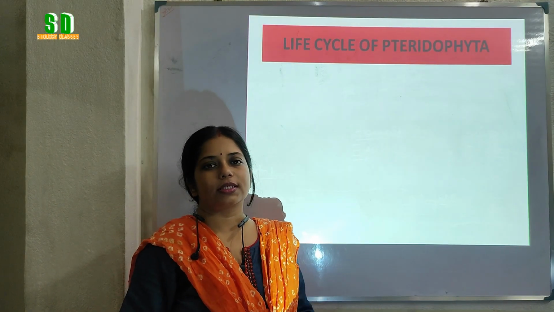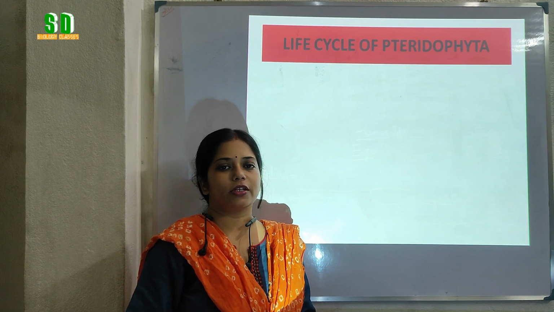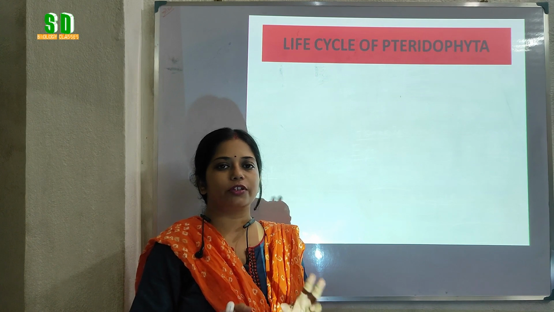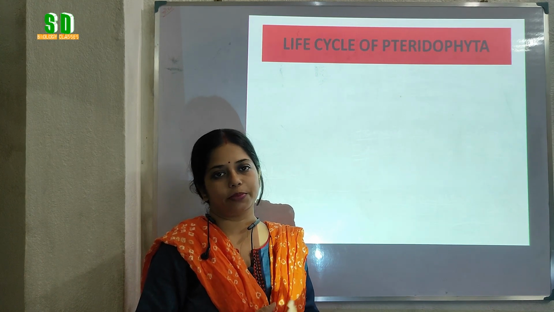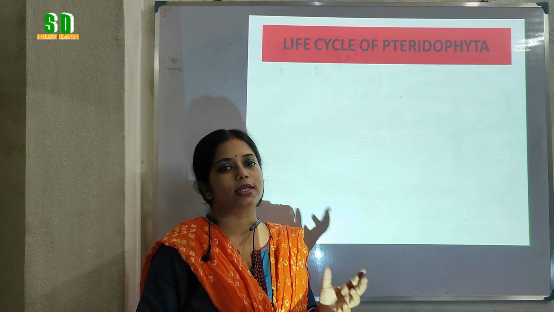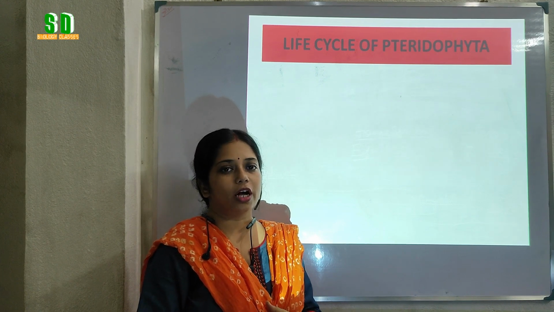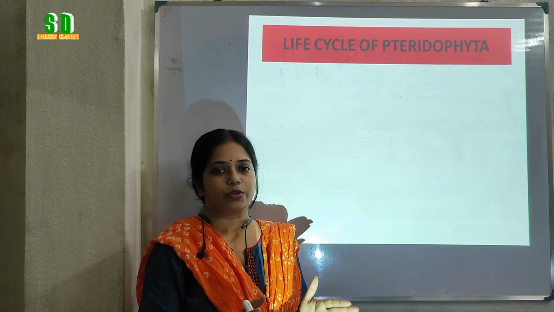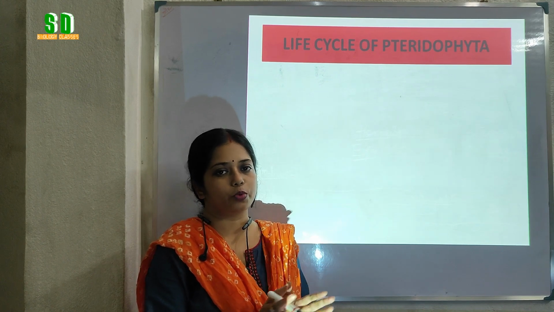Students, now we will discuss the life cycle of Pteridophyta. We have seen that there are two different types of Pteridophyta depending on the spores that they produce. Some of the members are called the homosporous pteridophyte and some of them are called the heterosporous pteridophyta. Now we can see two different types of life cycle due to the presence of these two different types of spores.